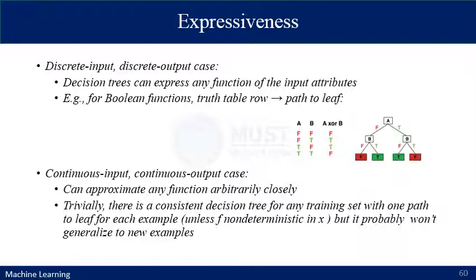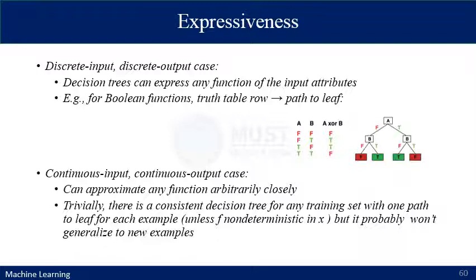So decision trees are quite expressive. If you have discrete input, you have discrete output, and in this case decision trees can express any function of the input attributes. For example, Boolean functions result in truth table rows, which are paths to the leaf.